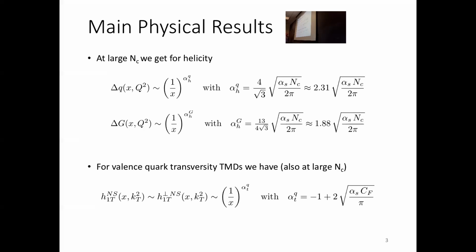So you get this Gaussian distribution with log squared KT. This term has no factorization whatsoever between KT and x. So what I'm saying is, these things here in principle also have some KT dependence. I'm just not showing this.